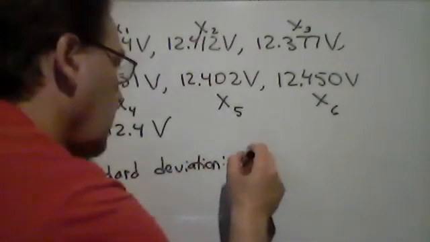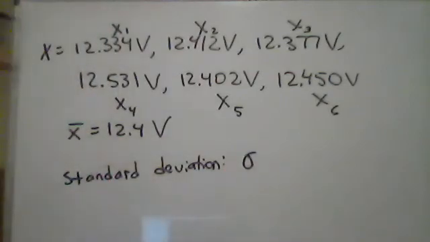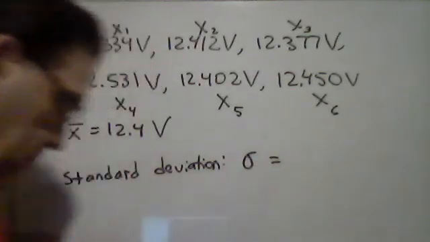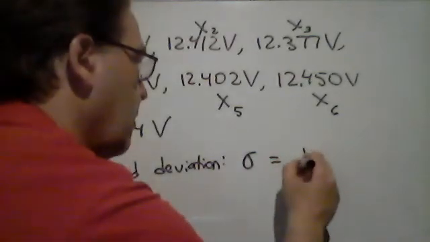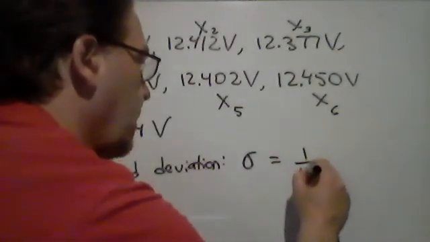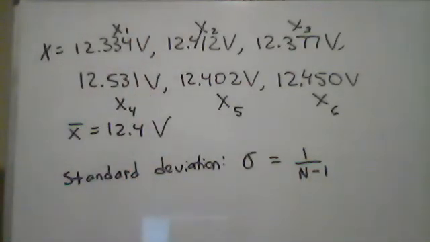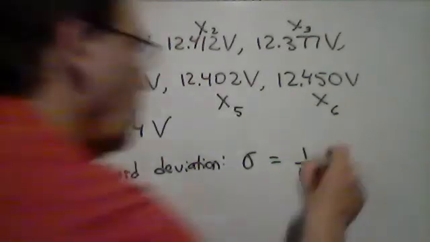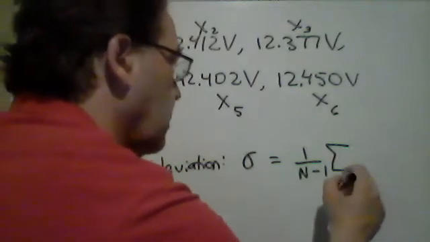Okay, so hopefully a lot of you guys have seen this. It's given by little sigma is equal to, now, interestingly enough, if I have n values, I actually divide by n minus 1. I'll talk about that in a minute, why I do that. So I have 1 over n minus 1. What I'm going to do is add up all the deviations.